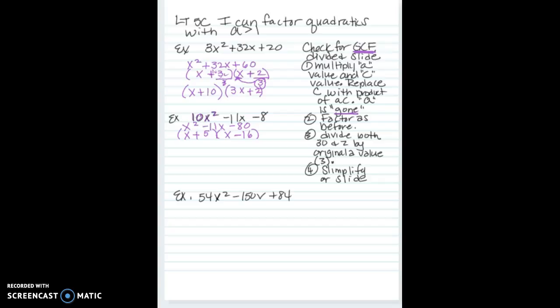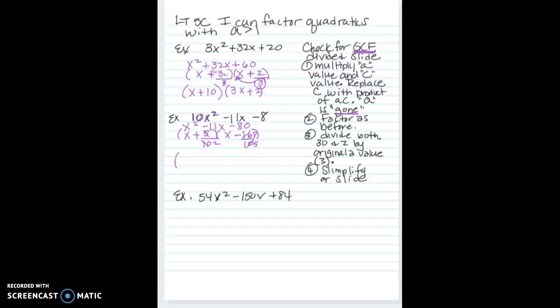But because we multiplied, we have to divide by 10, so we divide the 5 by 10, and we divide the 16 by 10. We do reduce both fractions. 5/10 is the same as 1/2, and 16/10 is the same as 8/5.